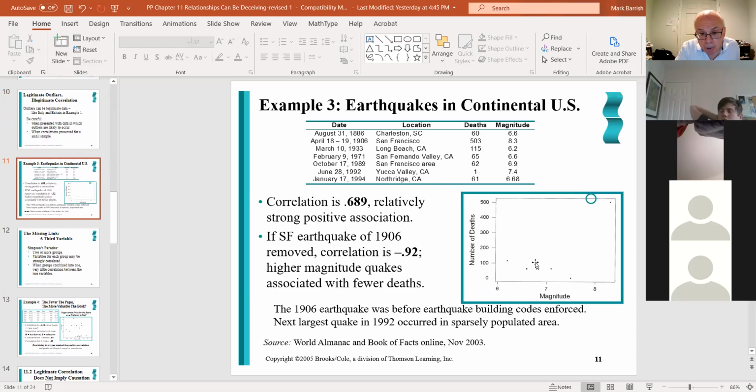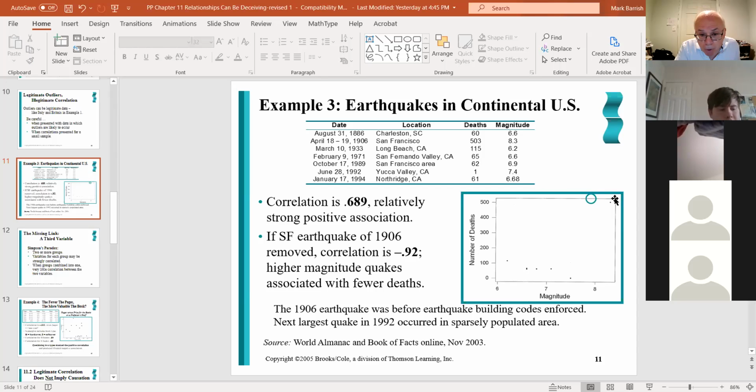You would kind of scratch your head here and say, wait a minute. If you consider all the data, it's saying that the stronger the earthquake, the fewer the deaths. That makes no sense. Actually, it's a very strong negative correlation if you consider these points here.